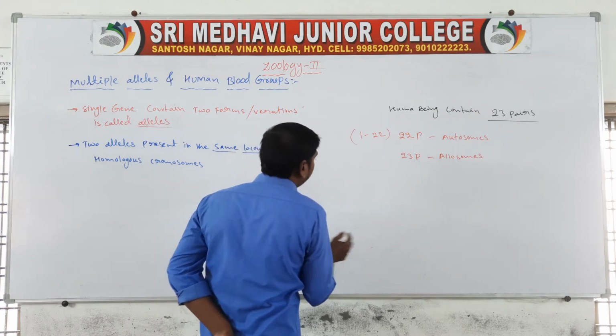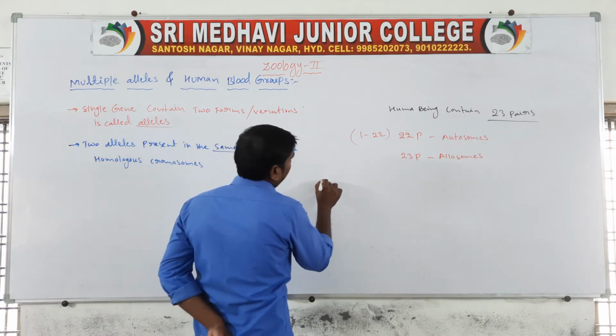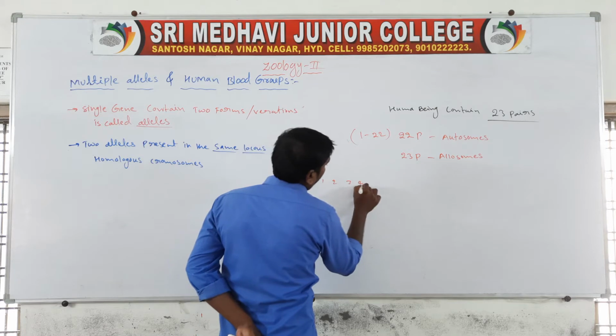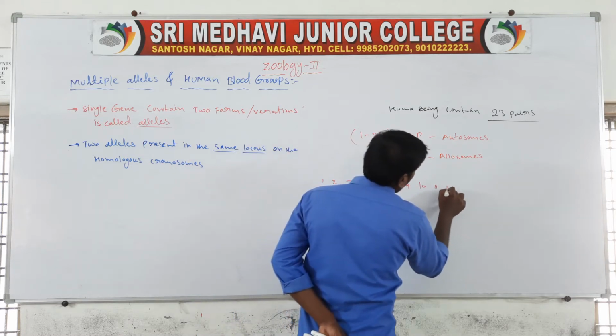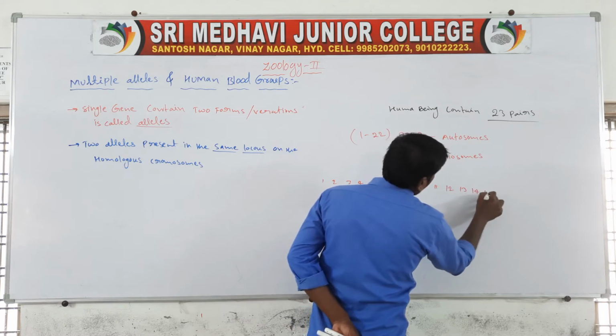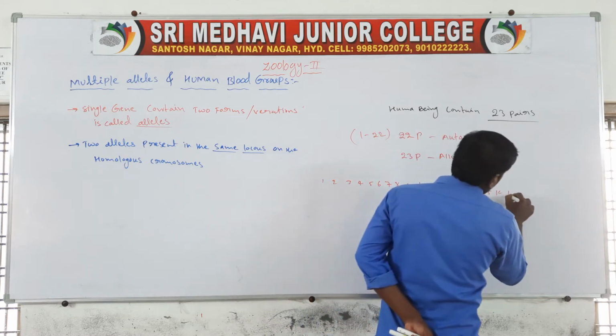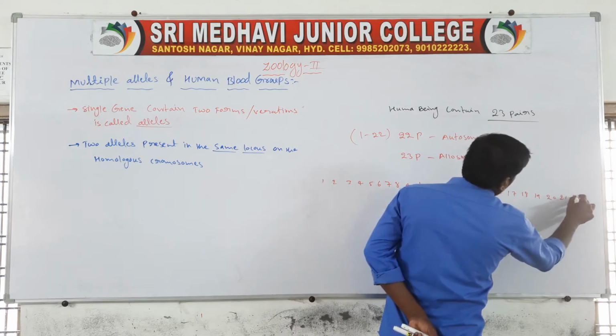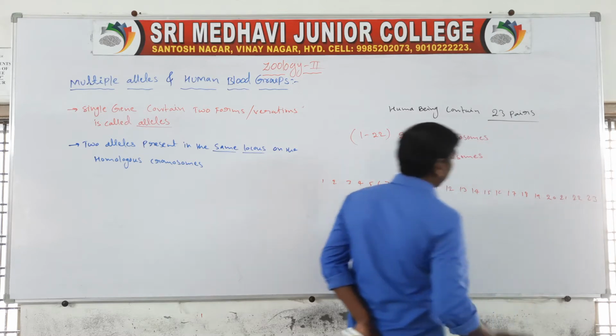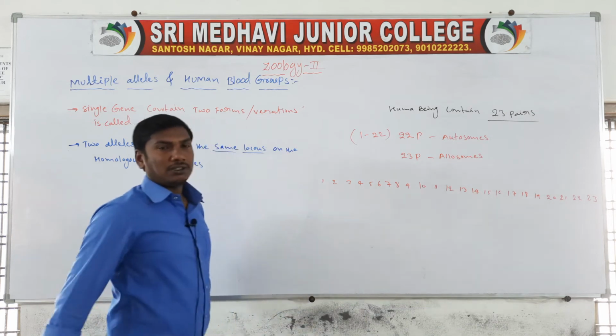For example, 1, 2, 3, up to 21, 22 and 23, so totally 23 pairs of chromosomes, in one row.